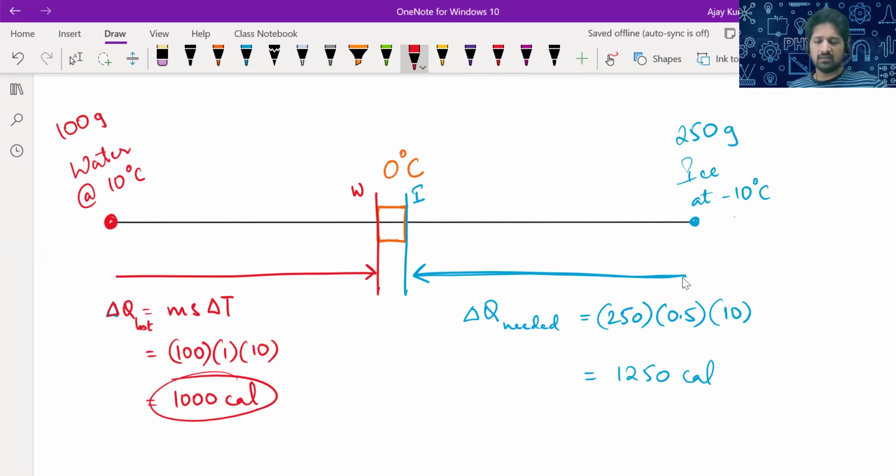Now, tell me which of these stages will definitely complete: water coming to 0 degrees, or ice coming to 0 degrees? Which process will complete for sure as they keep exchanging heat?